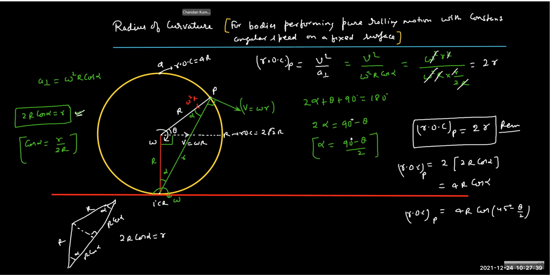So twice of that, 2 root 2r, correct? Just double. The best way to remember is find the distance from the ICR to the point, make it double, and that will give you the radius of curvature. Okay?